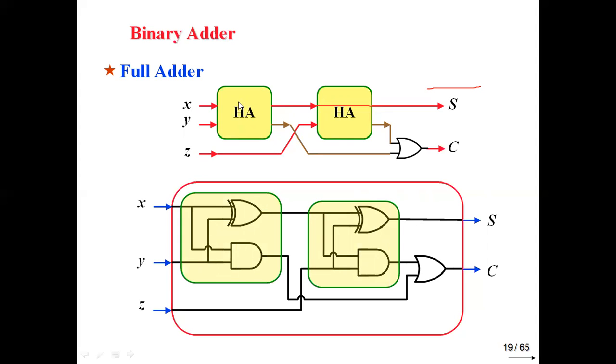Sometimes in your end semester examination, the question may be: explain a binary full adder by using two half adder circuits. This is one half adder circuit, and another is this. You should draw this diagram and explain. This is very important in your end semester examination. Otherwise, the marks will be reduced. Out of 10, you may get only 7 marks if you use the earlier logic.